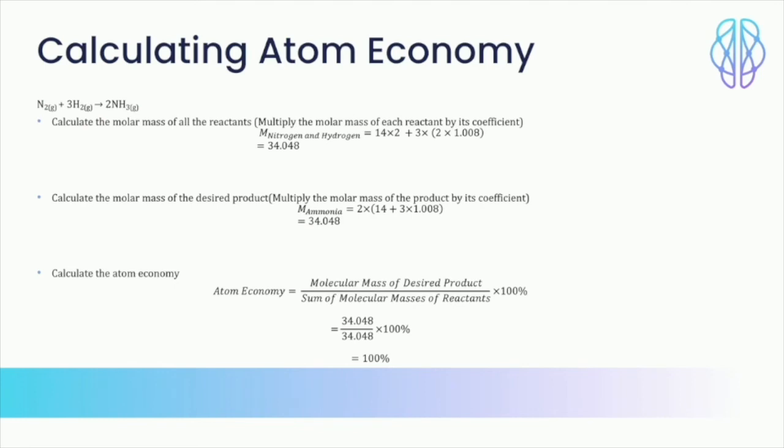So we'll do the exact same for our reactants now, and I'll draw that again. So our reactants, we have nitrogen and 3 moles of hydrogen, right? So again, if we look at our formula, the denominator says that the sum of the molecular masses of the reactants is what we require. So nitrogen, or the divalent nitrogen, has a molecular mass of 14 times 2, right?